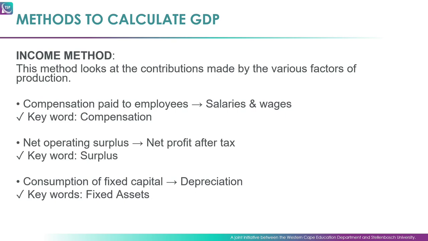In layman's terms, this is known as salaries and wages, and you should now immediately think which factor of production earns salaries and wages. Which factor of production has the reward of salaries and wages? And by now, you should know that that is labor we're referring to.